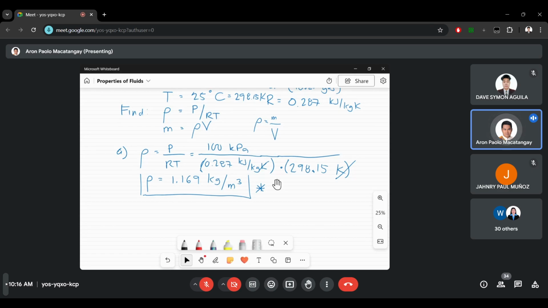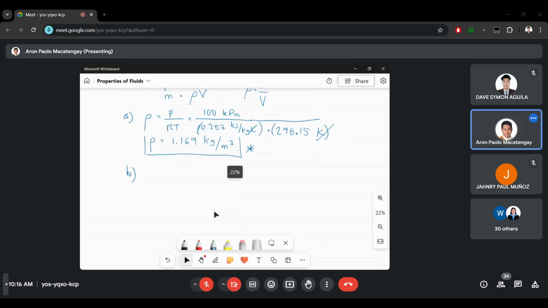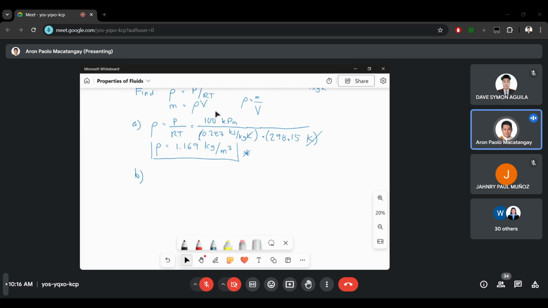Next number is the mass, B. Again, we said the mass is rho times V, density times volume.